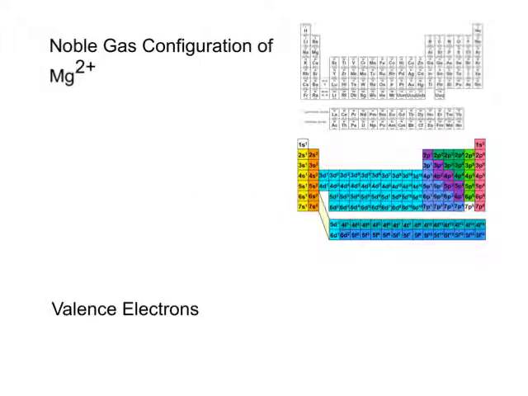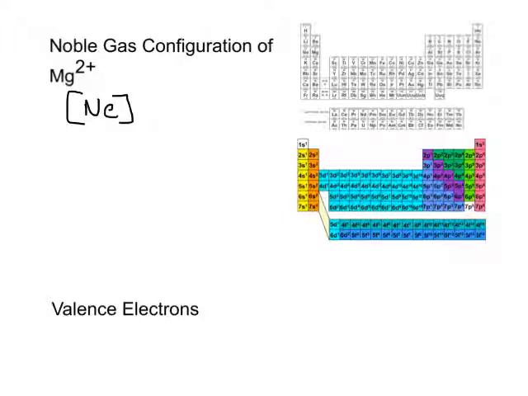Last example here, another ion, Mg2+. Here's Mg on the periodic table, would normally be 3s2, but this Mg has lost 2, so I go back 2 squares to Ne. Alright, another noble gas. So, noble gas configuration of that noble gas is the noble gas.